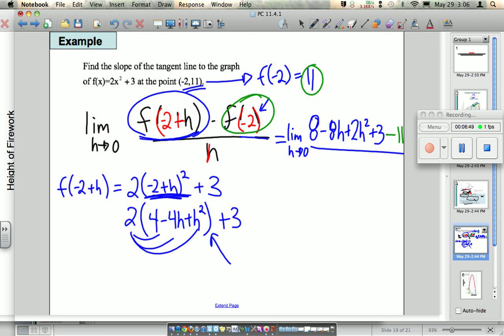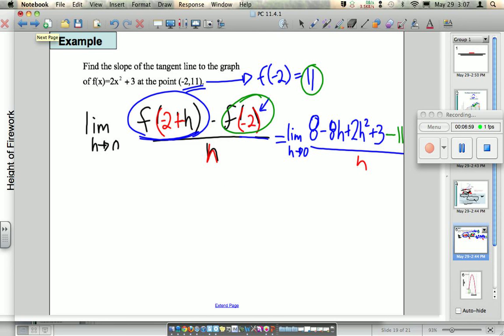H is still on the bottom, and I'm still taking the limit as h goes to 0. So now I'm just going to simplify things out and see where it takes me. On the top I have 8 plus 3 minus 11, so that's really gone. Let's cancel it out. So I have negative 8h plus 2h squared all over h, and I'm still taking the limit as h goes to 0.